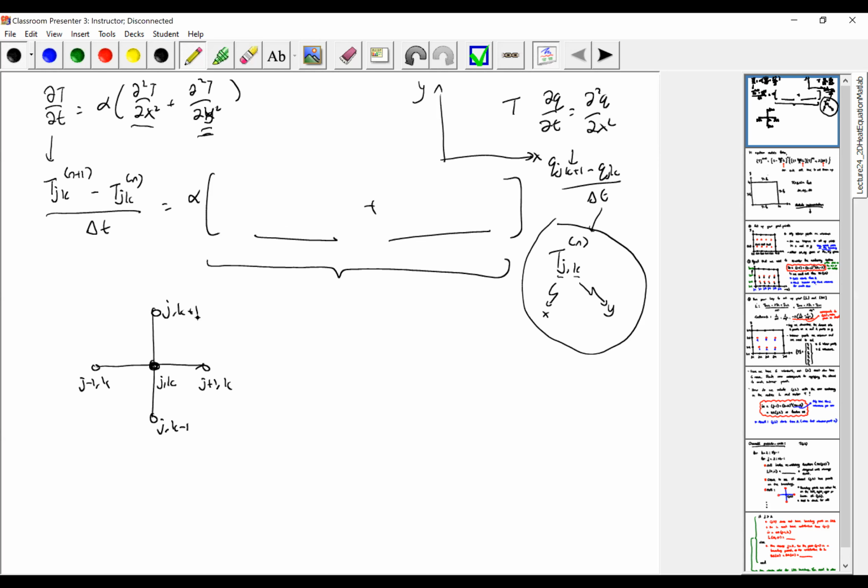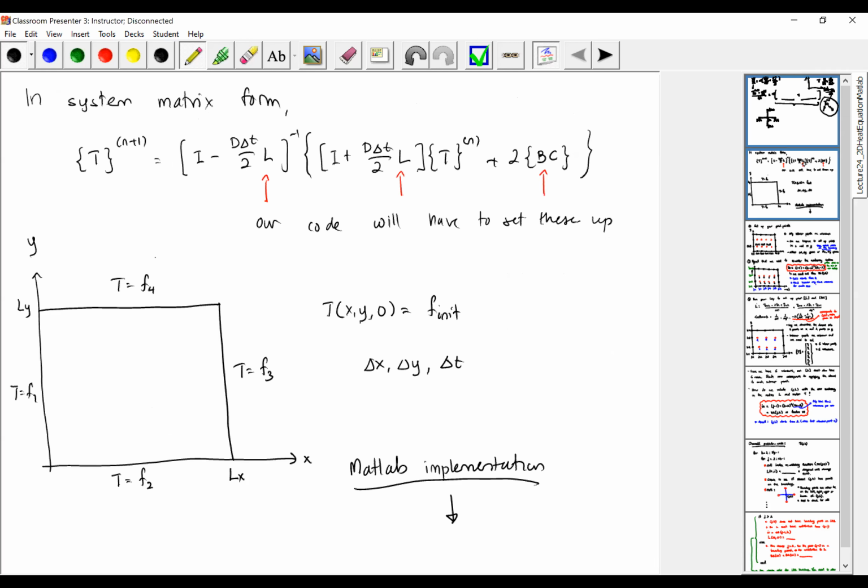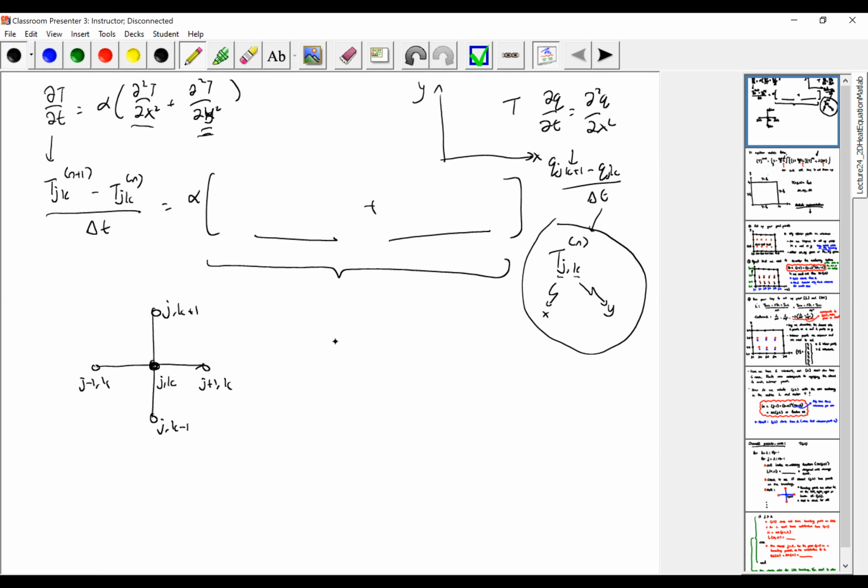I also showed you guys that actually setting up the equations is going to be tedious. So an easier way is just to write it in a system matrix form. That system matrix form is shown to you in this equation here. Primarily what we have is an identity matrix, and then we also have a Laplacian matrix, okay? And you will see that a lot of the two-dimensional problems that we have usually involve some form of this equation here.